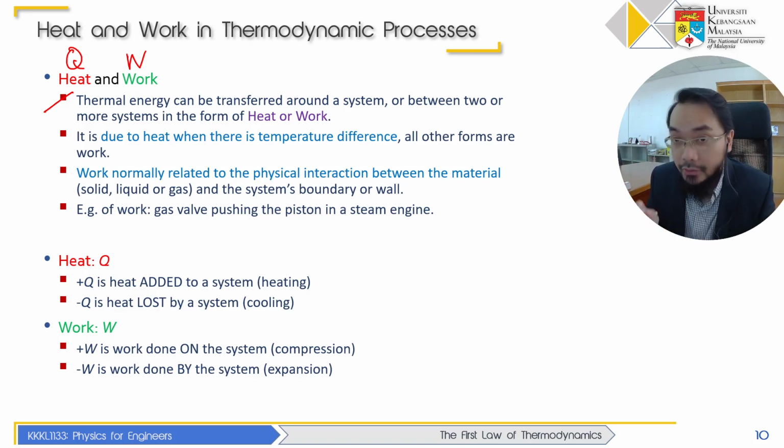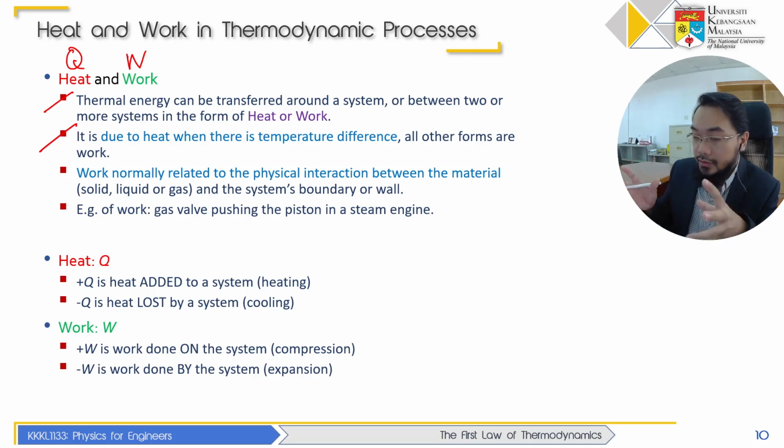This is how we know. It is due to heat when there is a temperature difference, and all other forms are work. If you have a temperature gradient or temperature difference, then definitely the transfer of thermal energy is due to heat.